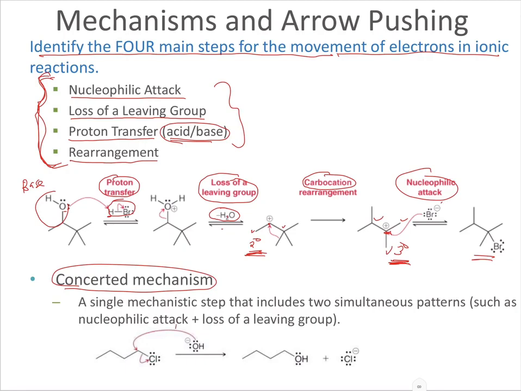So here we have a nucleophilic attack because the hydroxyl group is acting as a nucleophile using those lone pairs to attack the electrophile. Then there is the loss of leaving group, LLG. Nucleophilic attack, loss of leaving group. So we have 2 steps taking place at the same time. We call that a concerted mechanism. Okay?